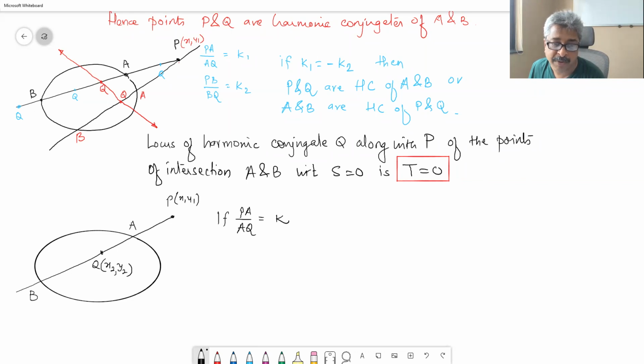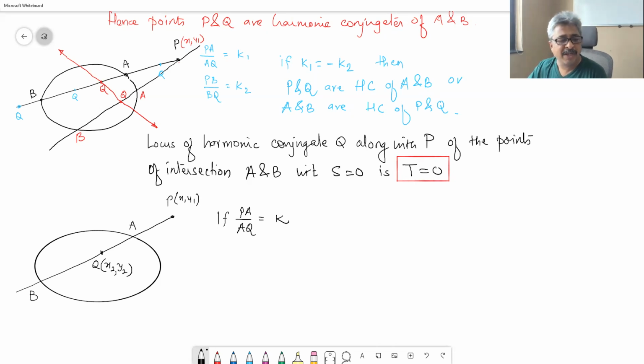Anyway, this line is a variable line, so any representative point will possess a ratio K such that PA upon AQ is equal to K. Suppose here it is 3:2, and maybe here it is 2:1, PB upon BQ.